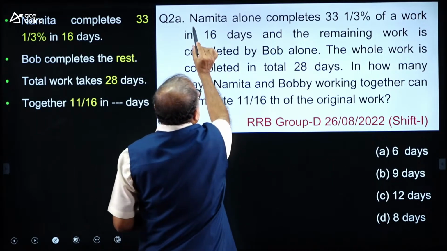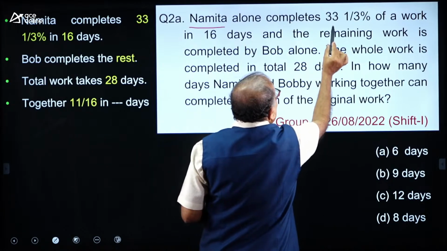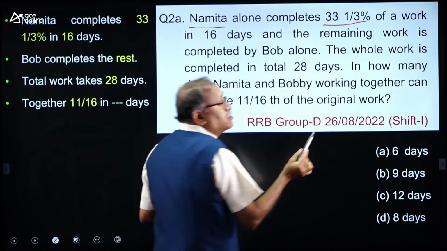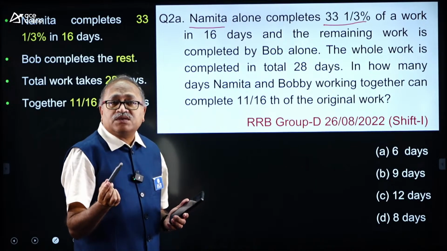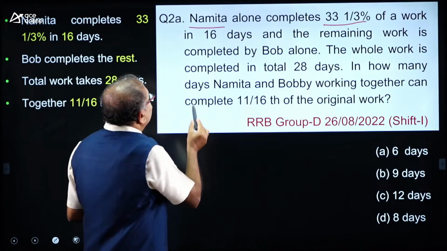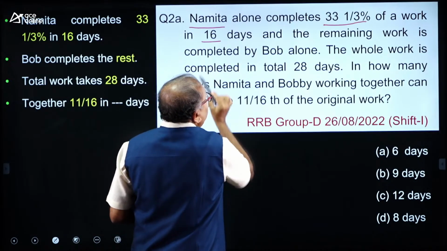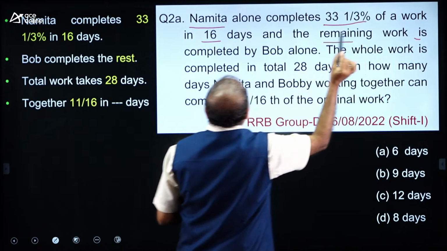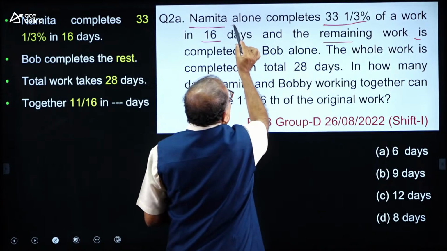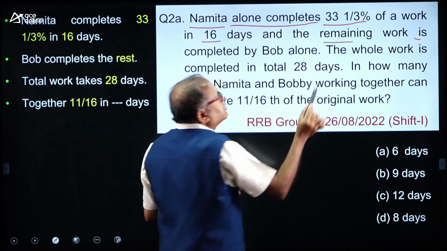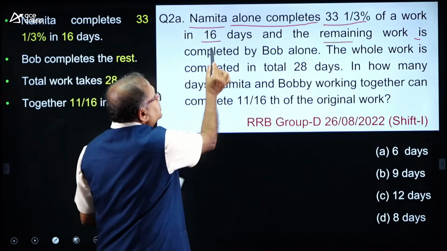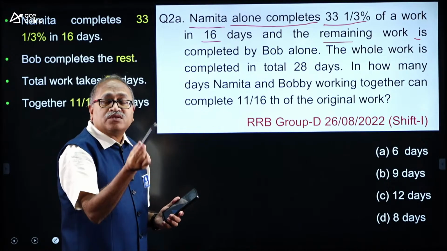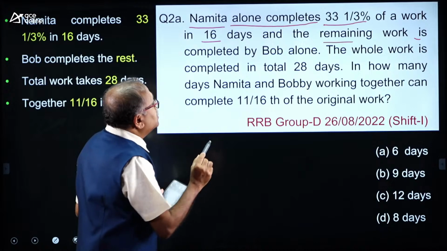Look at this one. Namita alone can complete 1/3 of the work. 33 1/3% is nothing but 1/3. So, 1/3 of the work in 16 days, and the remaining work is completed by B alone. Namita completed 1/3 of the work in 16 days, so the remaining 2/3 of the work is left.